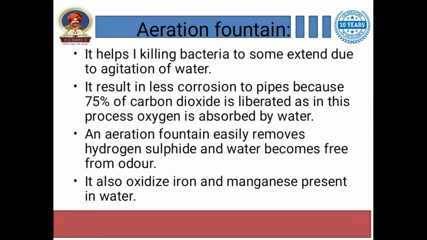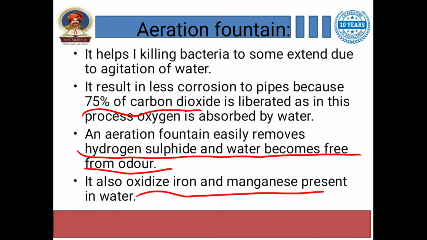It results in less corrosion of pipes because 75% of carbon dioxide is liberated, as in this process oxygen is absorbed by water. An aeration fountain easily removes hydrogen sulfide and water becomes free from odor. It also oxidizes iron and manganese present in water.